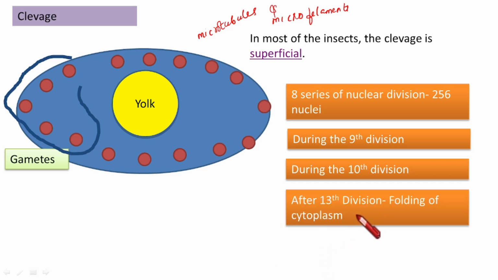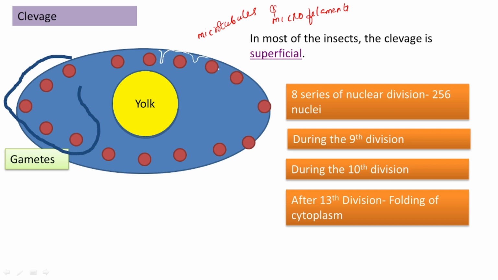And after the 13th division, the membrane starts to fold, forming furrows between the nuclei.